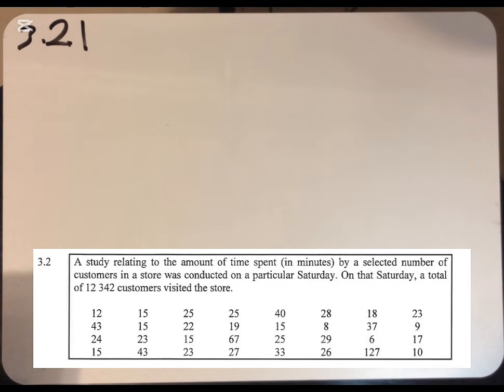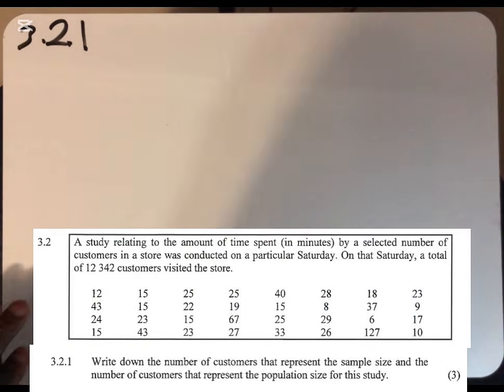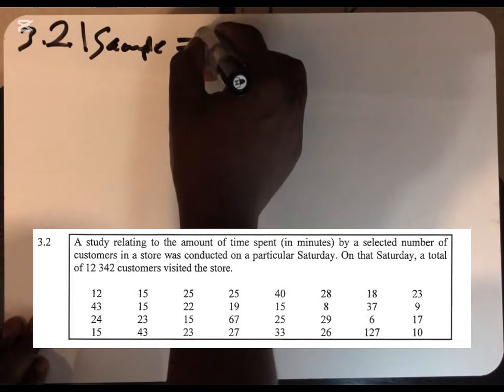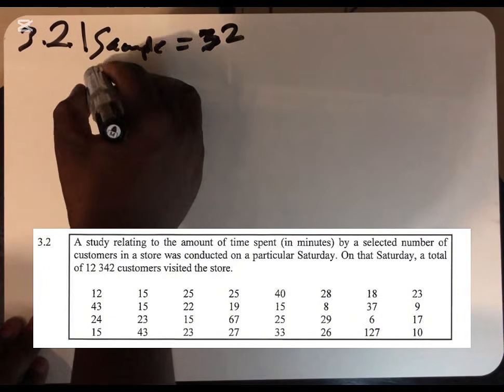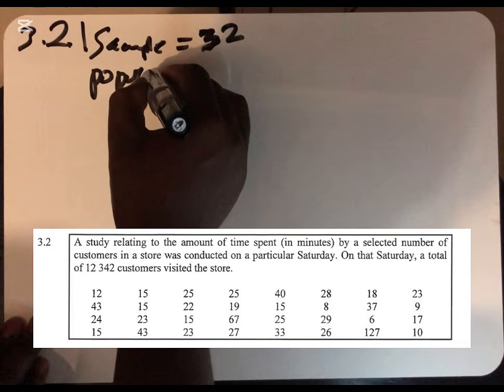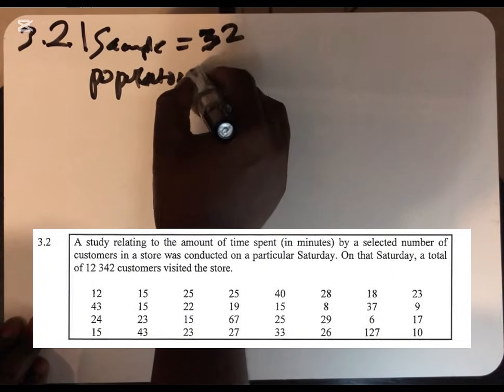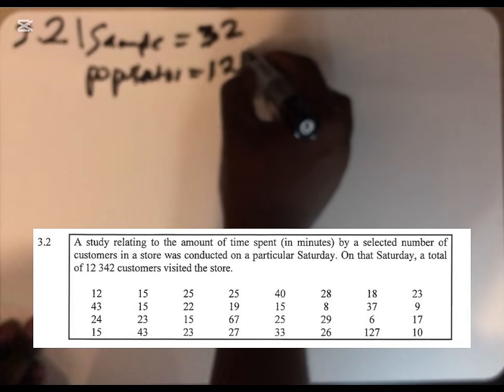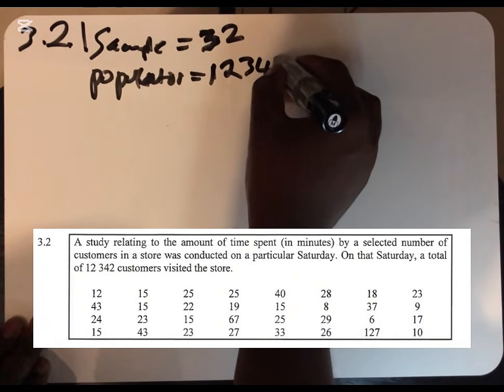So all these numbers that you see here represent the number of minutes spent in that shop on a particular Saturday. So now they are saying write down the number of customers that represent the sample space and the number of customers that represent the population size of this study. We can see that for the sample space, only 32 were considered, but the population is 12,342.